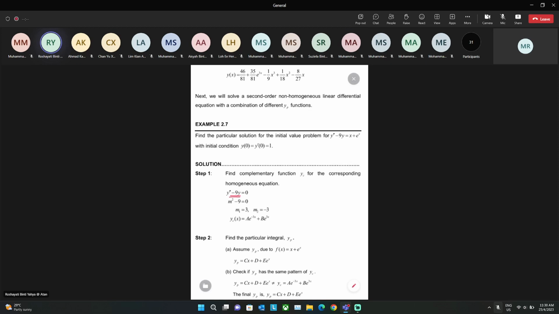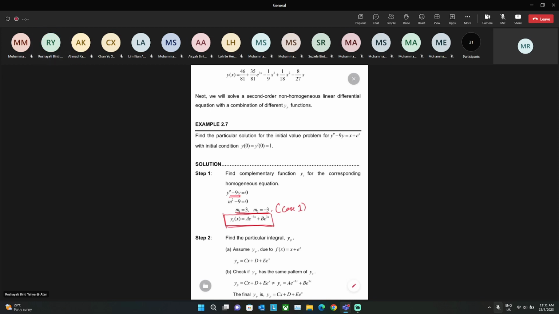You just use your calculator. You will get two different roots, 3 and minus 3. In this case, if you refer to the table, this is the first case, case number 1, so that your y(x) is in the form of this.